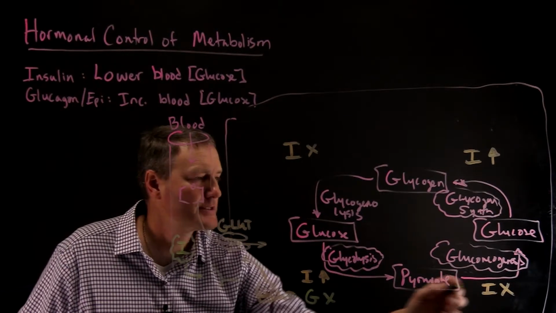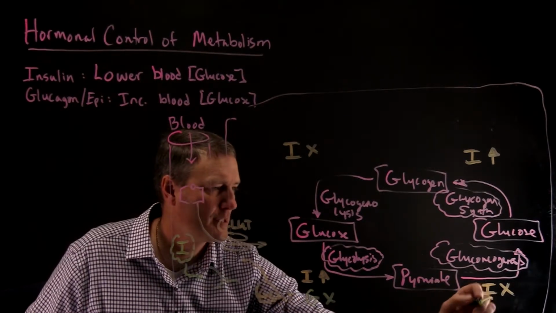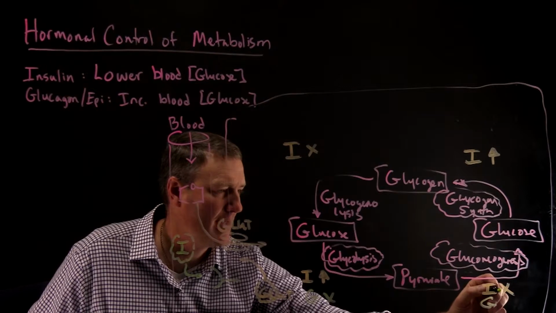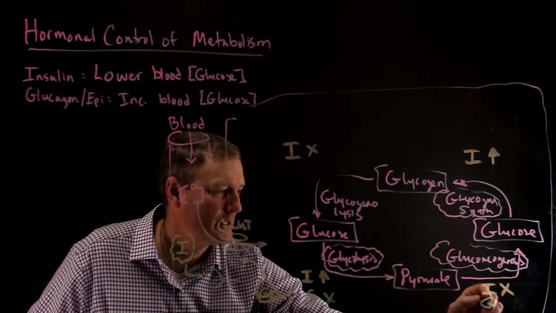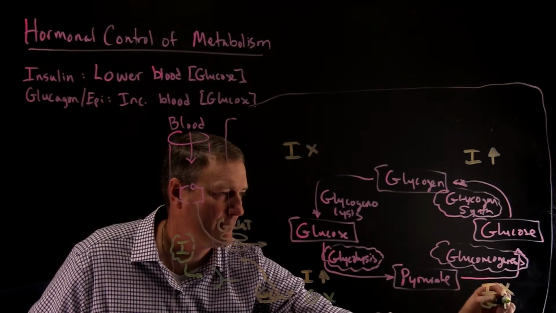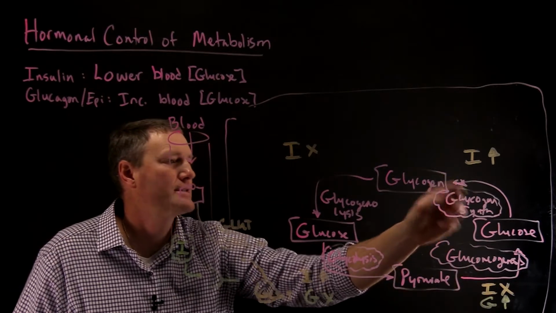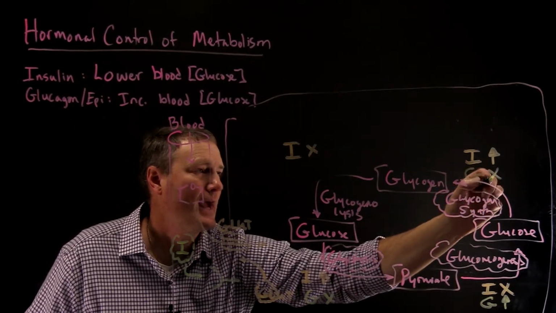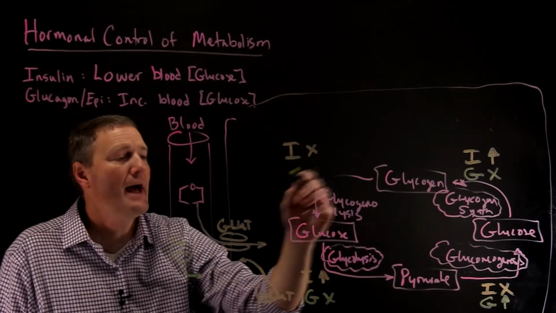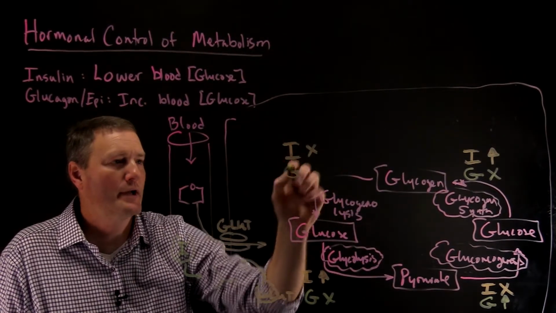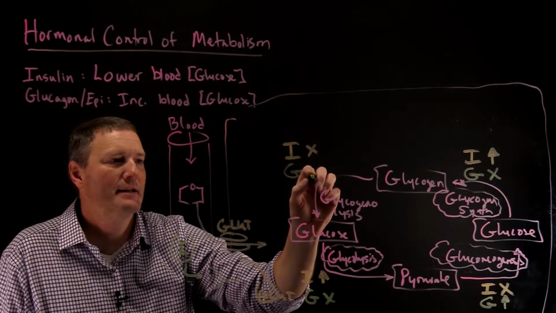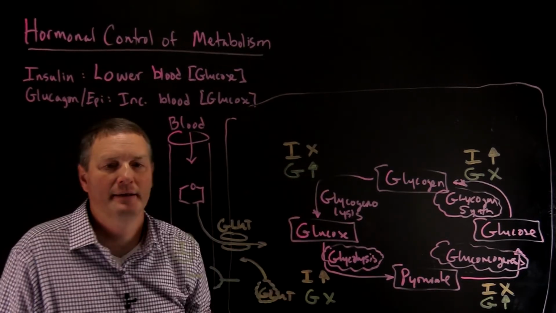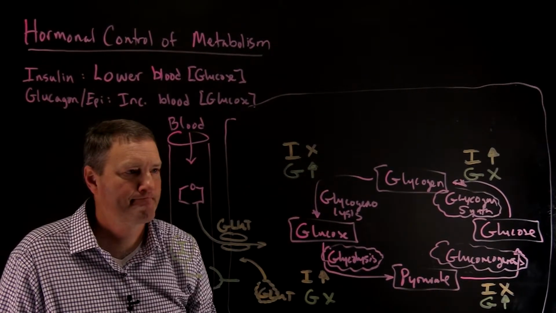Let's go around and put those opposing pathways here. So if insulin inhibited gluconeogenesis, glucagon is going to activate it. Likewise, glycogen synthesis, well, insulin activated that one. Glucagon is going to inactivate it. And then lastly, this pathway, because insulin inactivated it, glucagon will actually activate glycogenolysis.